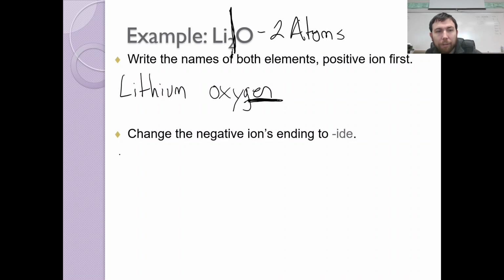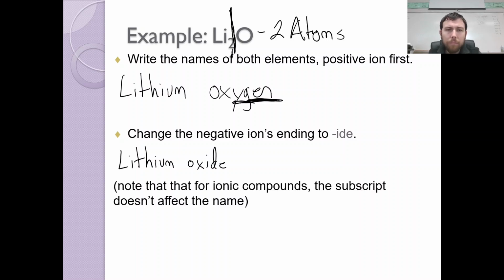So when we do that, we're going to end up with lithium oxide. No polyatomic ions, so we don't have to worry about that.